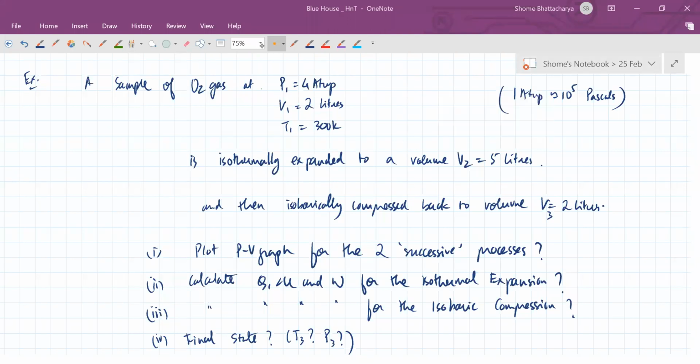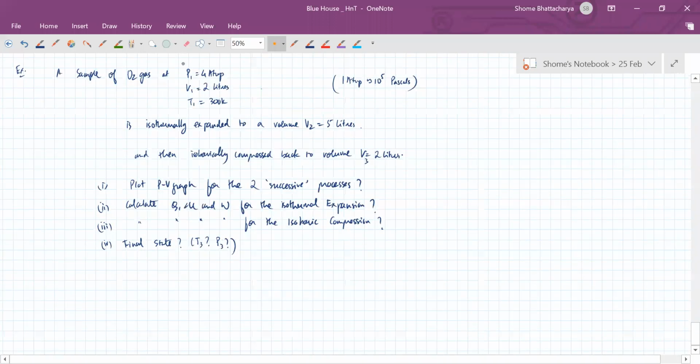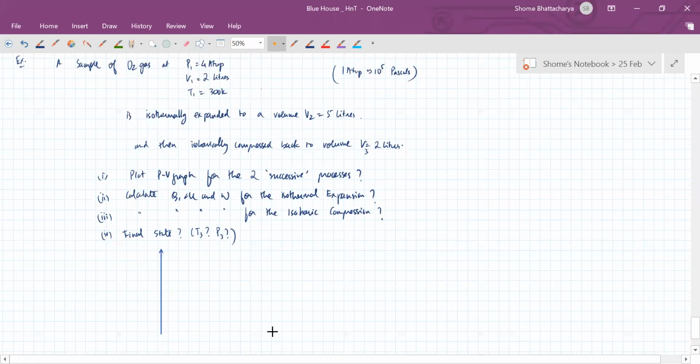Yeah, in the same graph only, you have to plot in succession what is happening. So let's understand. One after the other, two processes are happening. So we'll just plot them in succession. So from our initial state, which is a pressure of, let's say, P1 and a volume of V1 at a temperature T1, okay, we are having an isothermal expansion to a volume of 5 liters.